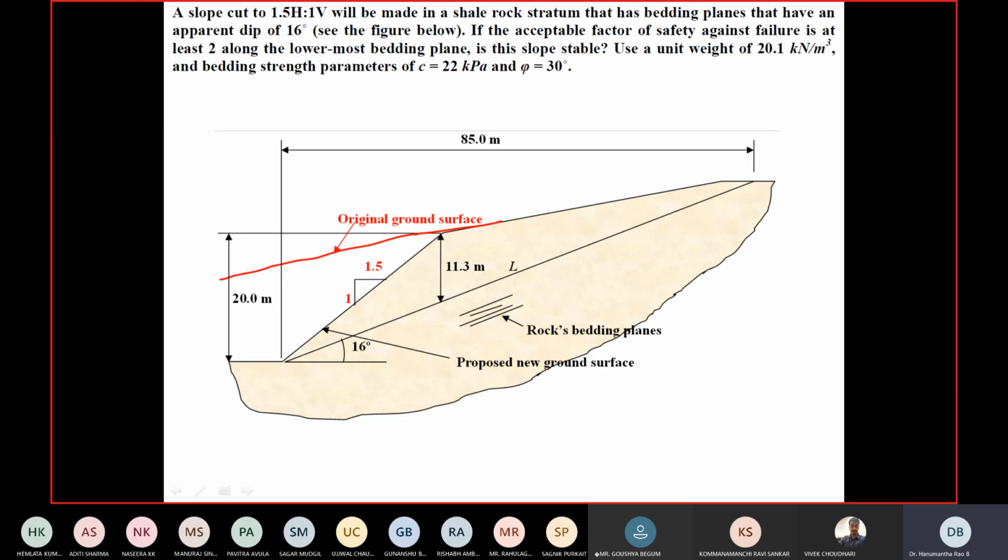As you can see, this is the rock bedding plane. The angle of the bedding plane is 16 degree. So first note it down and try to give me a small idea how to go about it to determine the factor of safety value.